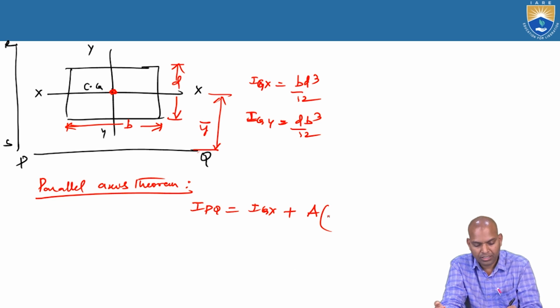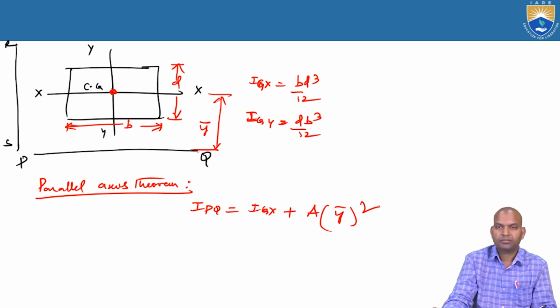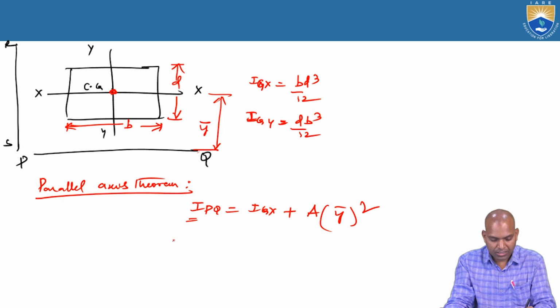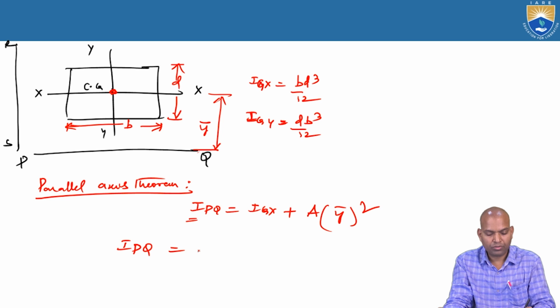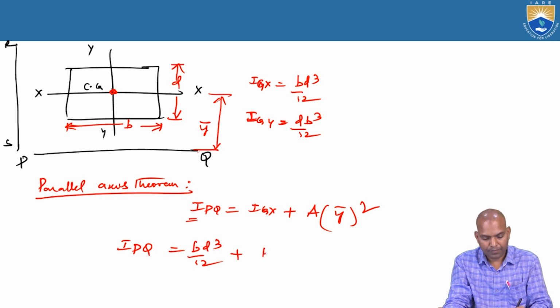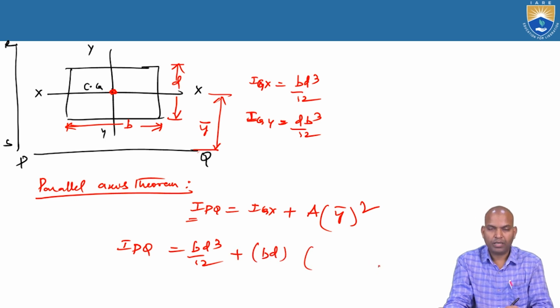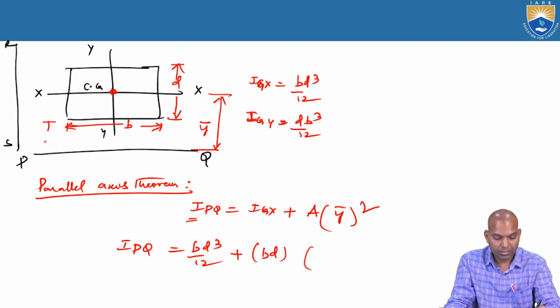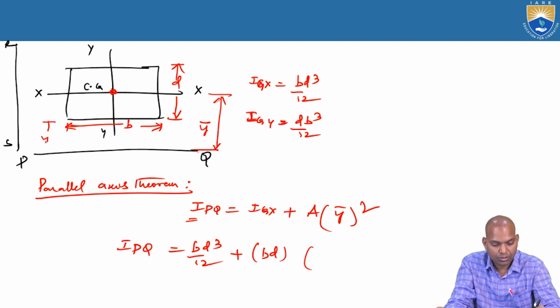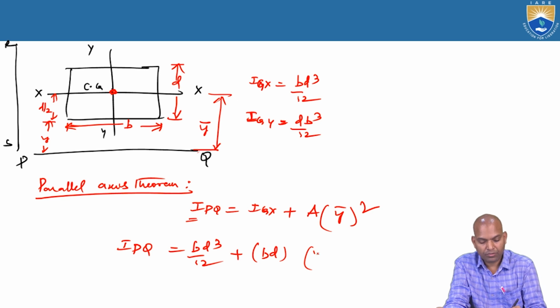That is A bar y squared. So IPQ equals Igx, which we calculated as B D cubed by 12, plus the area B times D times bar y squared. If the small distance is y, and this distance is d by 2, then bar y equals y plus d by 2, whole squared.